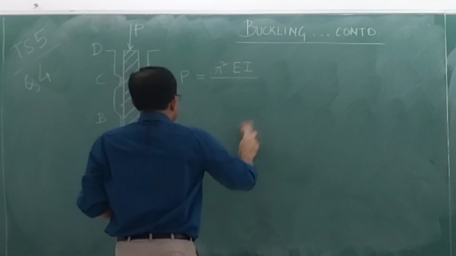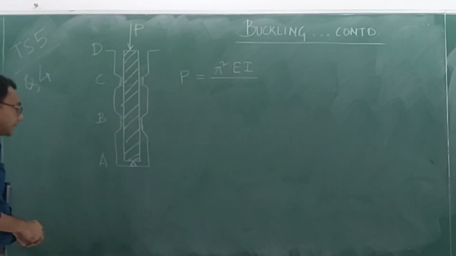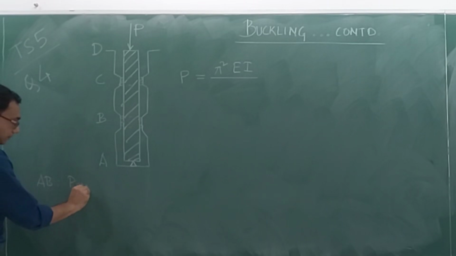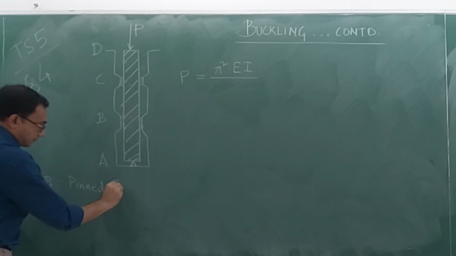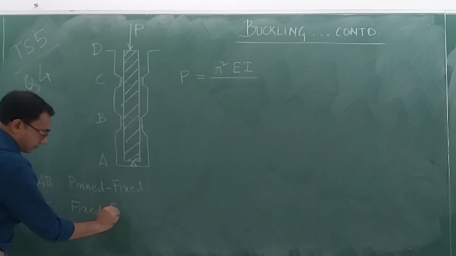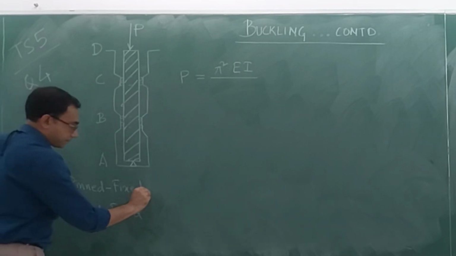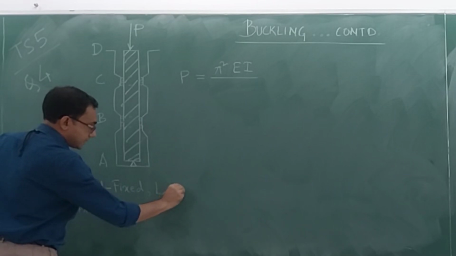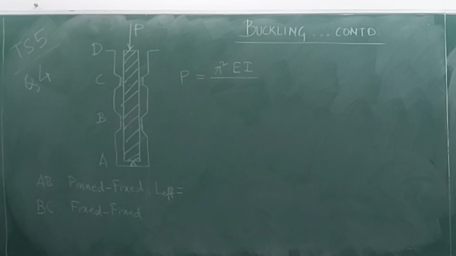So for the part AB, you tell me what it is. This is pinned and this is fixed. For BC, what is it? Both are fixed. So this L effective for the pinned fixed case is what? This is the first thing that we did today.